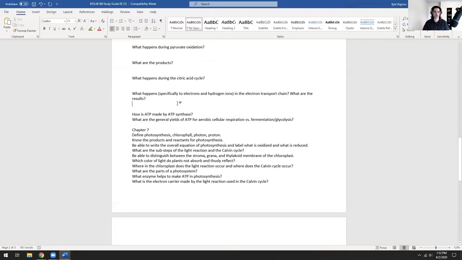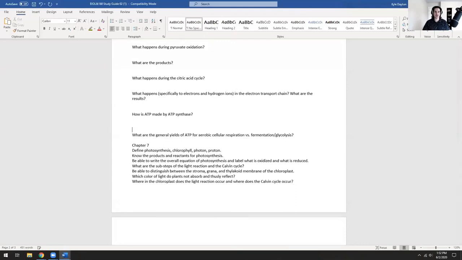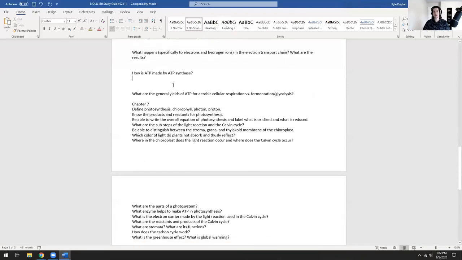So what are the results? ATP. How is ATP made by ATP synthase? It uses that hydrogen gradient in the intermembrane space to drive forward the enzyme contained within ATP synthase to make ATP.